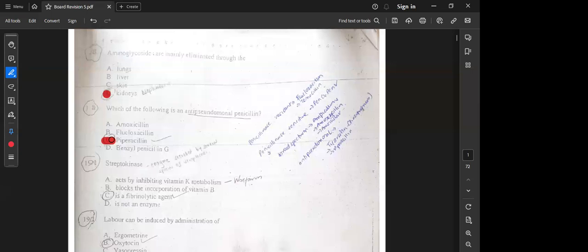So next question asks, streptokinase acts by inhibiting vitamin K metabolism, blocks the incorporation of vitamin B, is a fibrinolytic agent, or is not an enzyme. What is streptokinase? It's a fibrinolytic. Great. What's its mechanism?